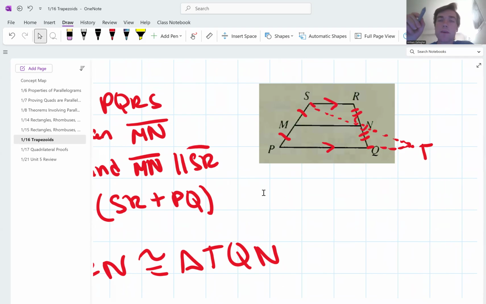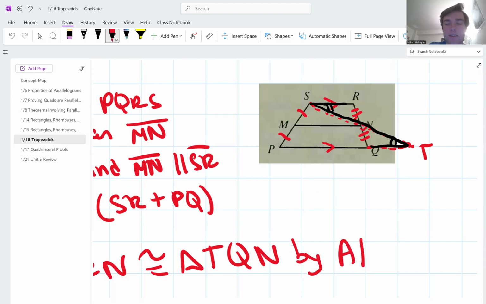Because we have these parallel lines, SR and QT, joined by this transversal, we've got these alternate interior angles. I'll give those 2 tick marks. So we've got 2 pairs of congruent angles, the vertical angles and the alternate interior angles, and RN and QN are congruent. So these triangles are congruent by angle, angle, side.